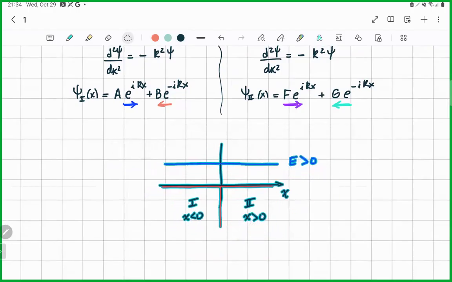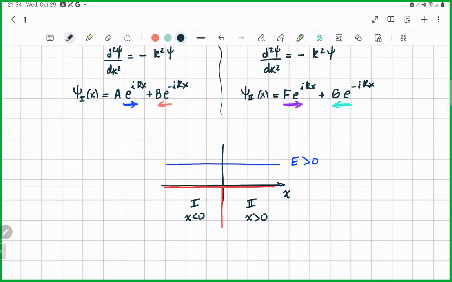So what we said, the part with this plus ikx is the one moving to the right, B is to the left, F is to the right, G is to the left.